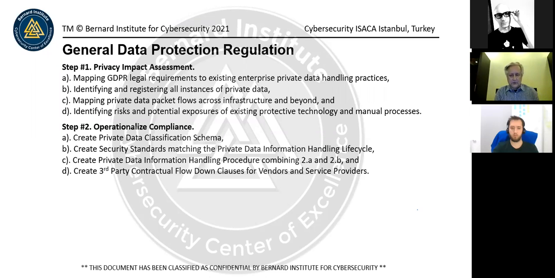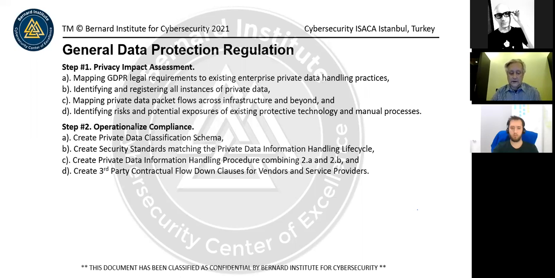So yes, we'll have to do communications, and yes, we have to do awareness training, but what are you going to teach them? My recommendation is that you create an information handling procedure, and you teach them about how to identify different types of information and what security controls are applied to those. And if you can teach your employees to do that, then you basically addressed the GDPR issues or any potential risks around them.